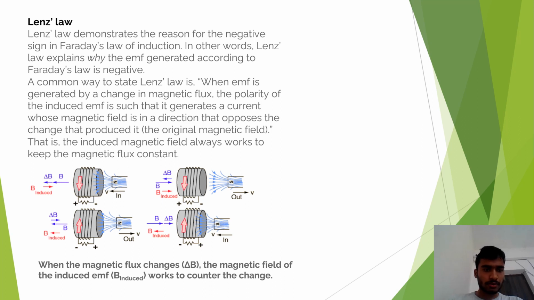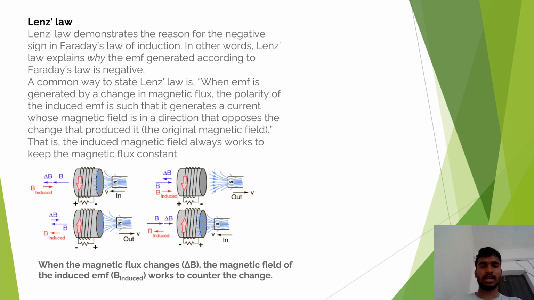This is the way Lenz's law states it: it tries to keep the magnetic flux constant. When the magnetic flux changes by delta B, the magnetic field of the induced EMF, B induced, works to counter the change. It doesn't want the magnetic flux to change. It always keeps it constant.